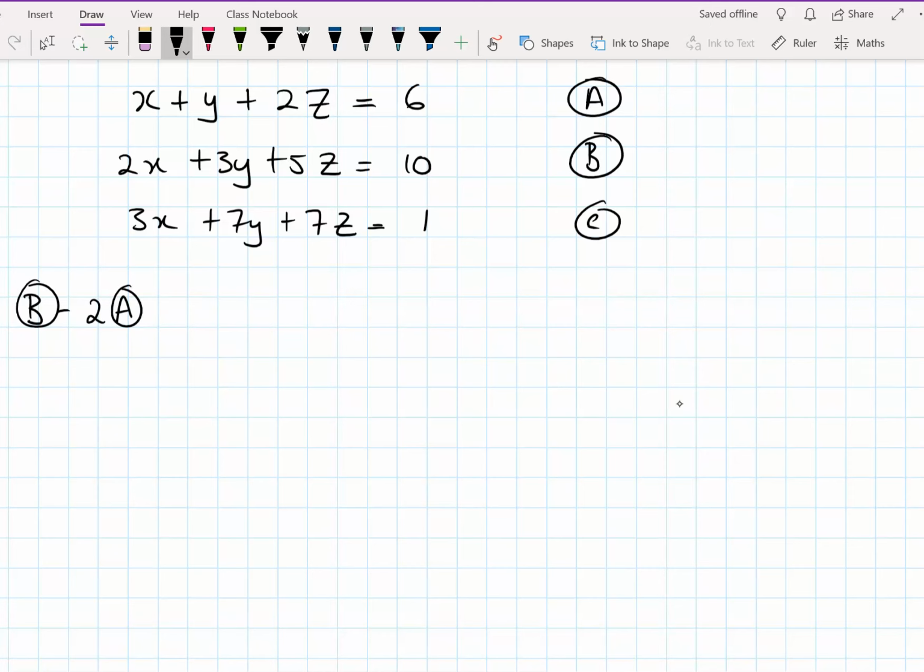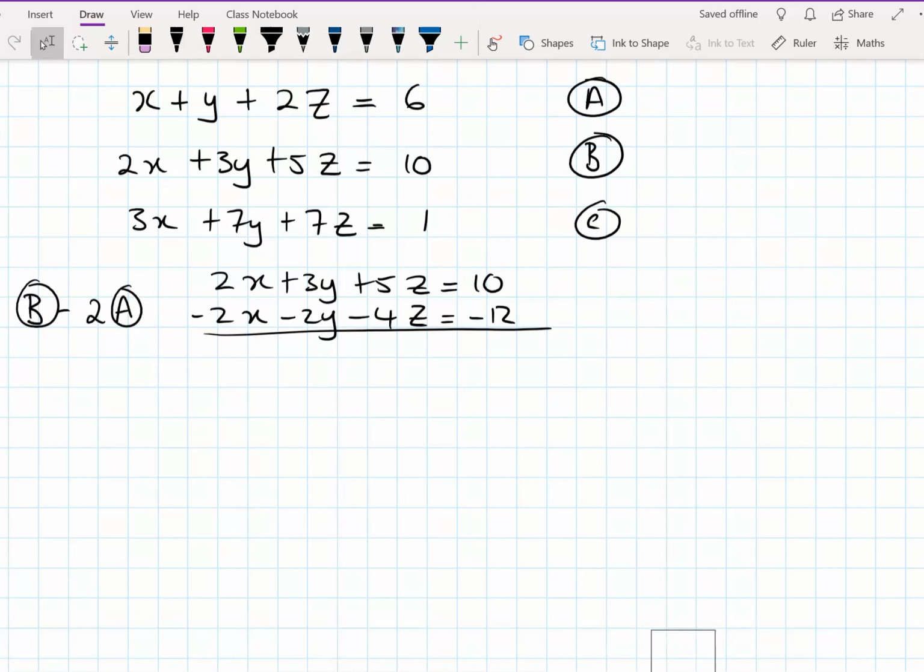So in other words, I'm going to have my B equation, which is 2x plus 3y plus 5z equaling 10. And two lots of equation A will be minus 2x minus 2y minus 4z, and that's going to equal minus 12.